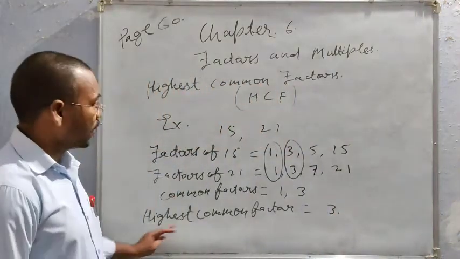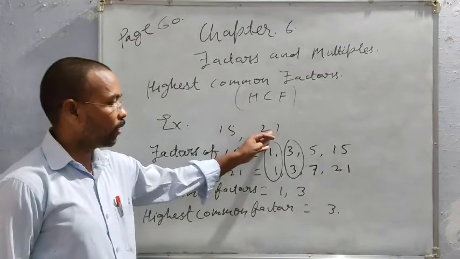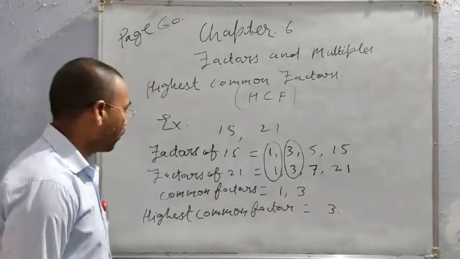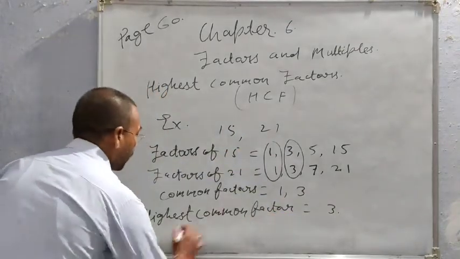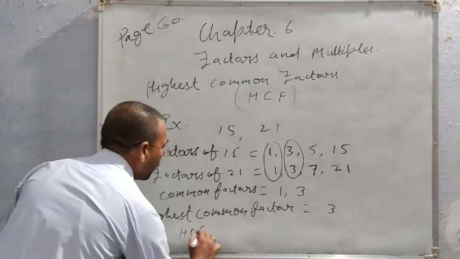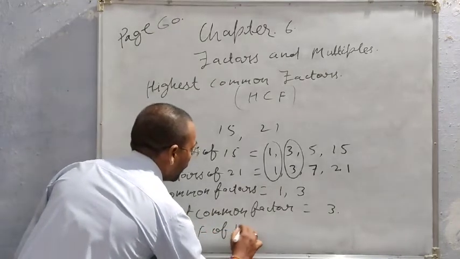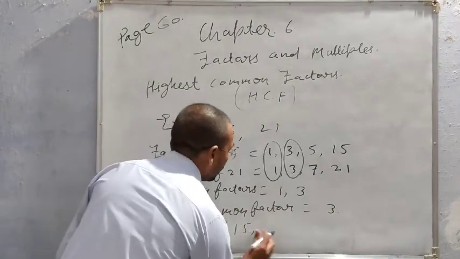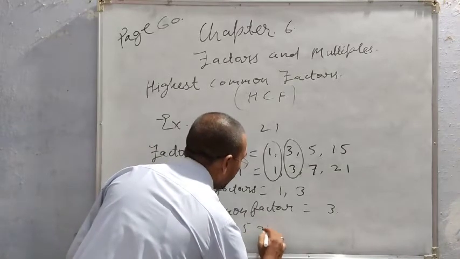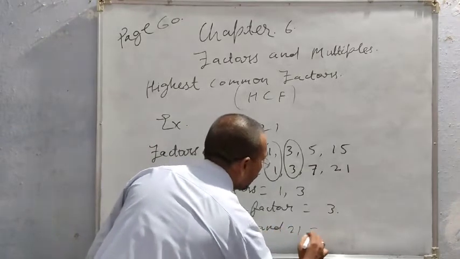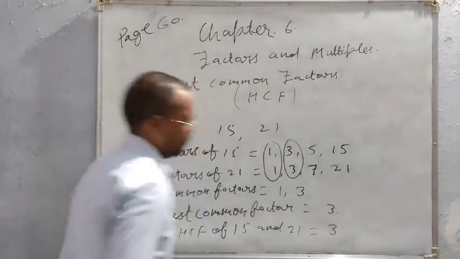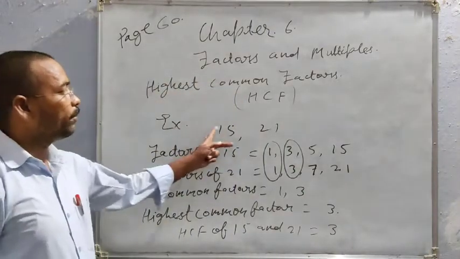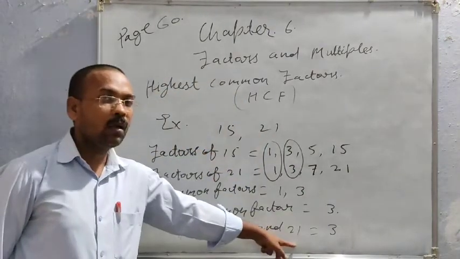Hence the highest common factor of 15 and 21 is 3. In short form, we can write HCF of 15 and 21 is 3.